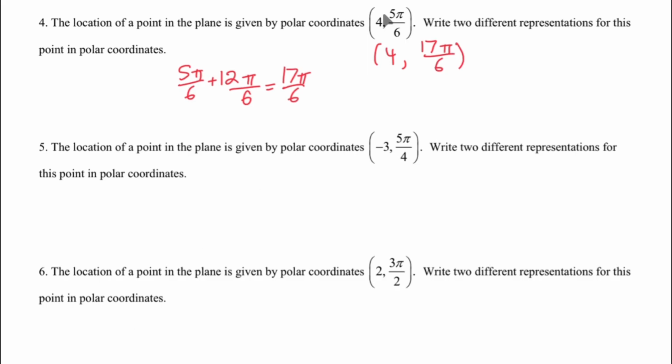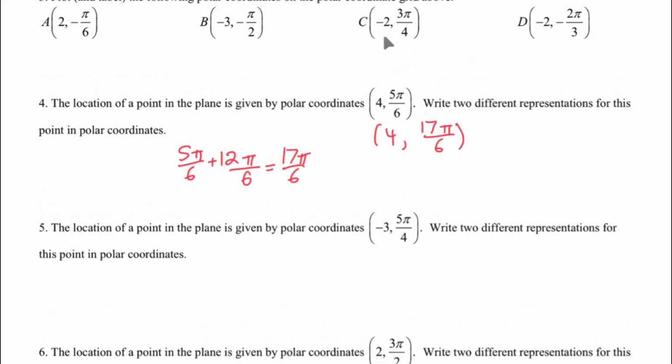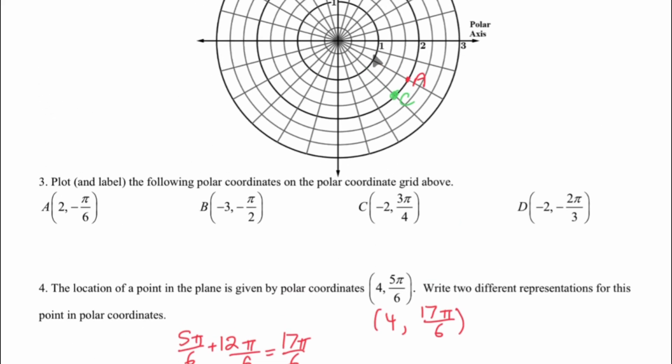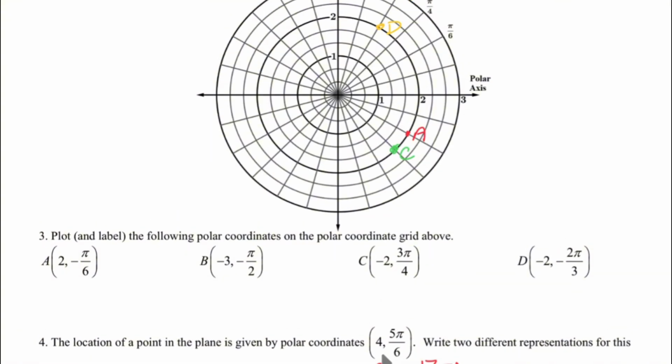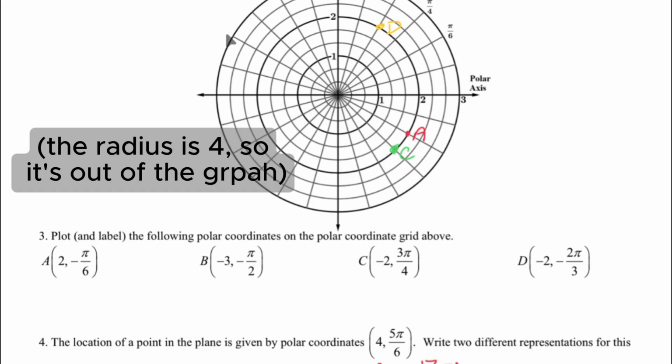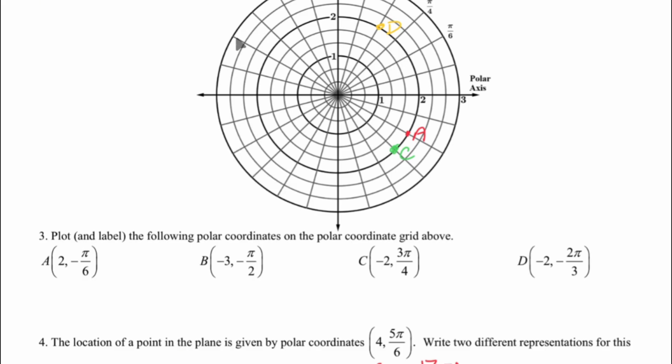All right, but we can also put a negative on one of these, right? So we want a reflection of this. I'm actually going to go to the polar coordinate so you can understand what I'm saying. If we put a negative on the 4, it has to reflect. So let's look at 5 pi over 6, which is this line right here. It's 4, so it's like right here. But I'm going to just say it's 3, okay? Just pretend it's 3 for now. The reflection of that line is right here.